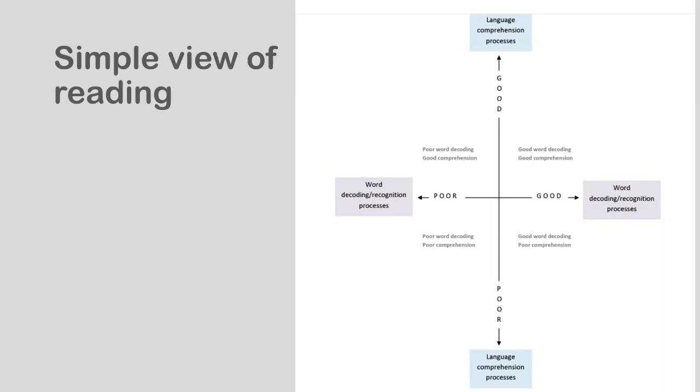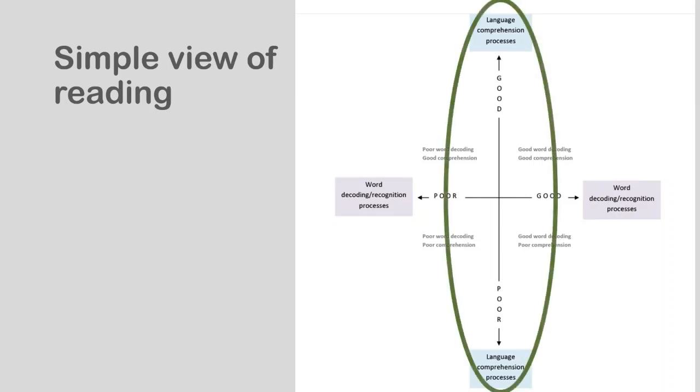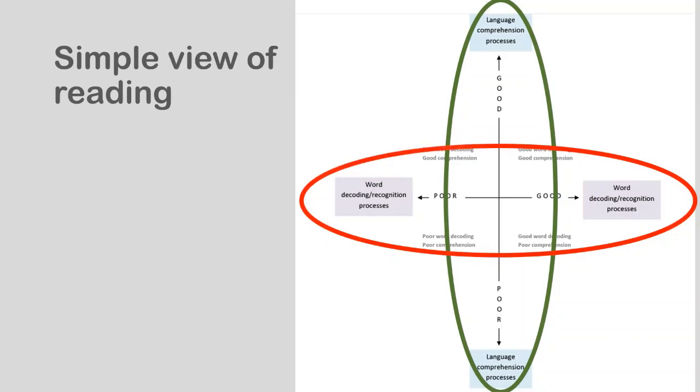What the diagram shows us, in its simplest form, is that reading includes both comprehension, which children may be better or worse at, and also their word recognition or decoding, simply lifting the text from the page without necessarily understanding what it means.